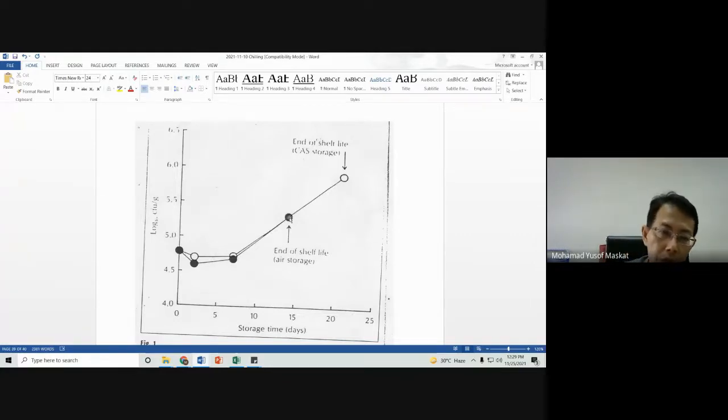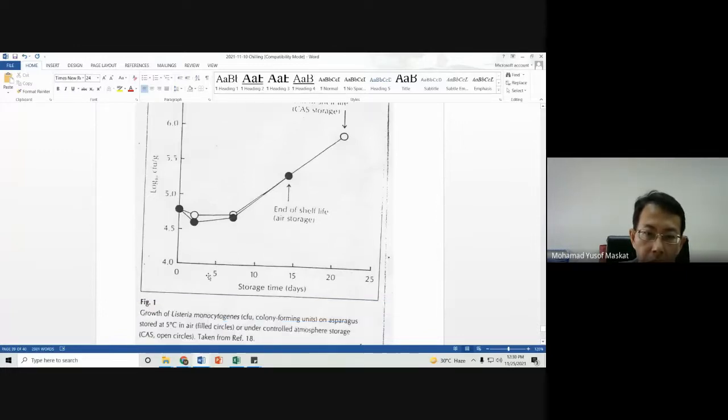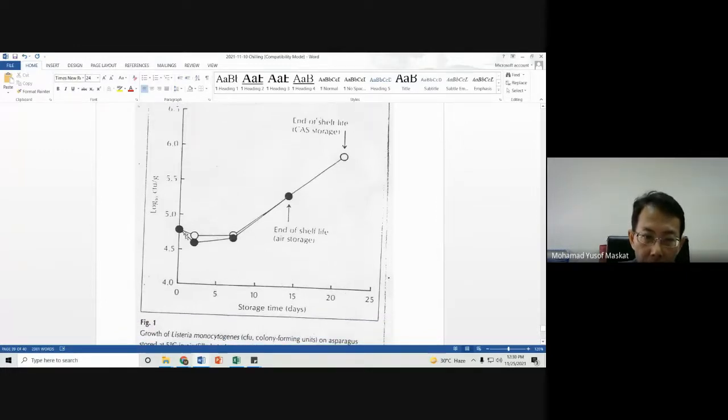However, at lower temperature, for example the white dots, because the shelf life is longer, this Listeria monocytogenes, even though it is growing at a similar pace, because the time is longer, can now reach a dangerous level.